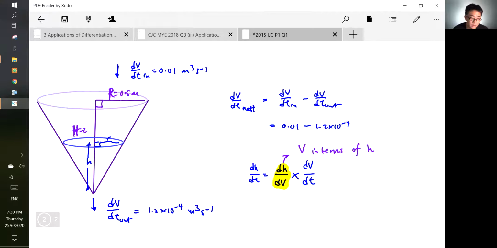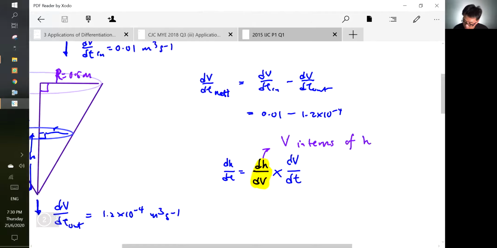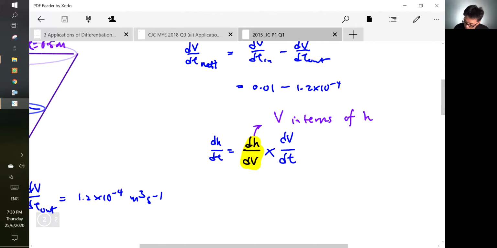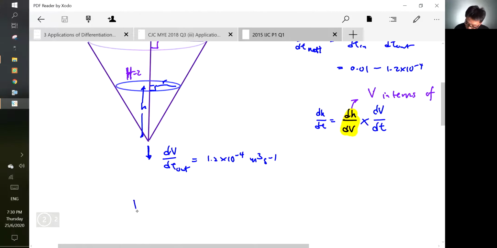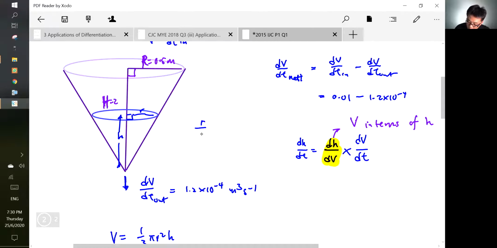What we're going to do next is just expand. I'm going to find V. The volume of water at the instant is 1/3 pi r squared h. So r over 0.5 equals h over 2, so r equals 1/4 of h.